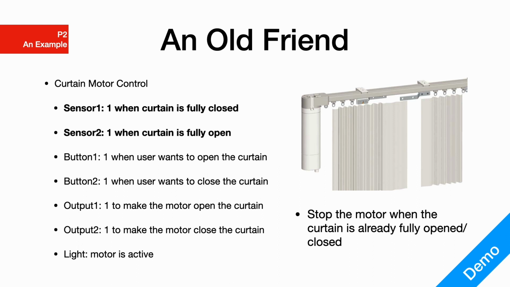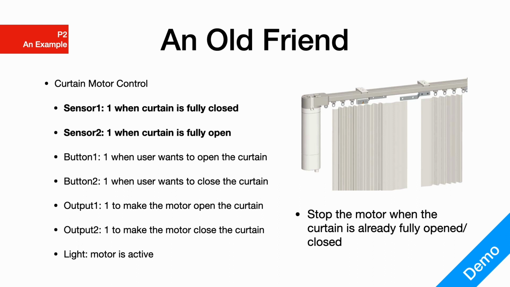It comes with 2 different sensors. Sensor 1 is going to give out a positive signal if the curtain is already fully closed. And sensor 2 is going to give out a positive signal when the curtain is fully open. The basic idea is if the curtain is already fully closed, you can't rotate the motor to close it further.